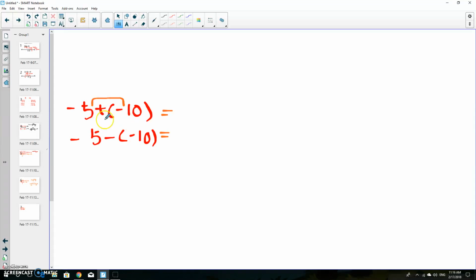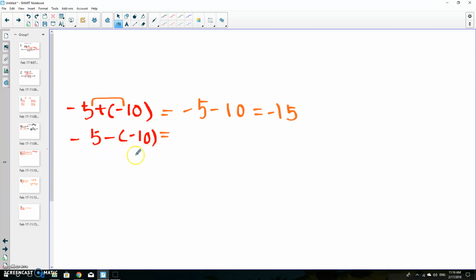You're just going to look at these two signs. Let's figure out what that means. Plus and minus means subtract. Okay, so -5 plus or minus is a subtract. It's going to be 10. So we ended up with -5, -10. Just like the previous example, it's going to be subtract, adding these two numbers, 15.